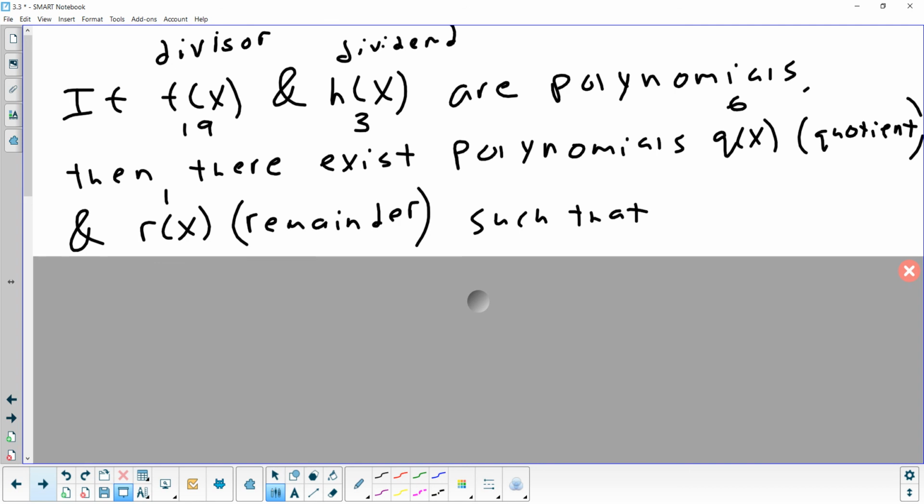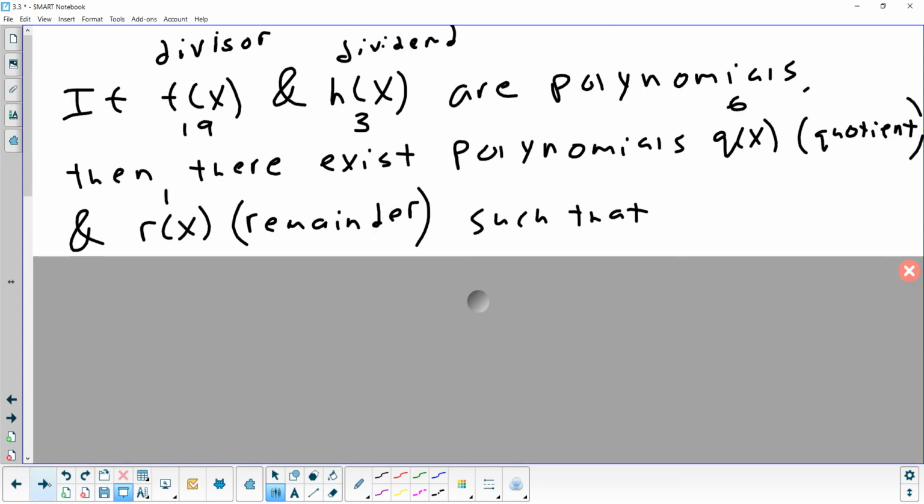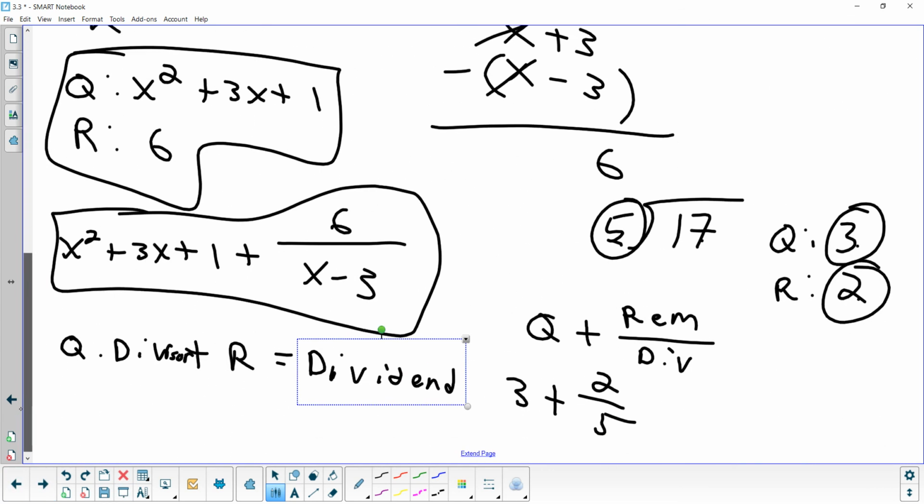They will if you start with numbers. But if you start with something like this, the quotient and remainder might have variables in them. Depends on the problem. But I did one with numbers. So remember, we should be able to do quotient times divisor plus remainder.